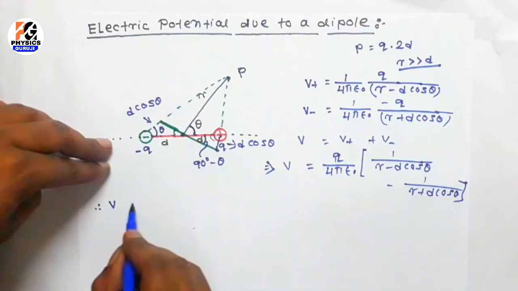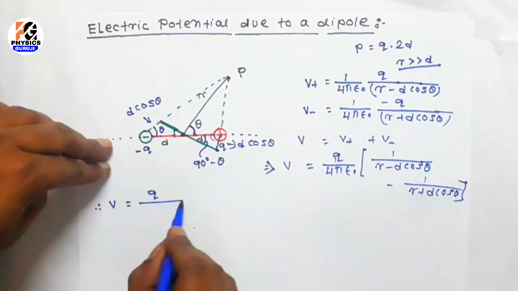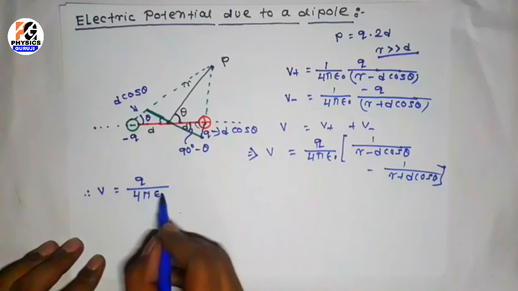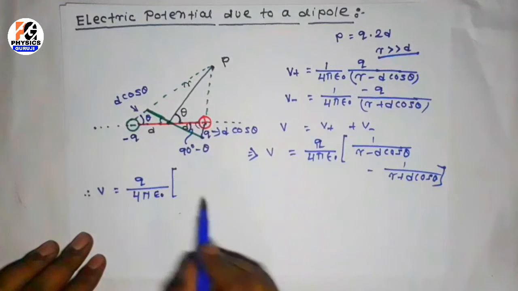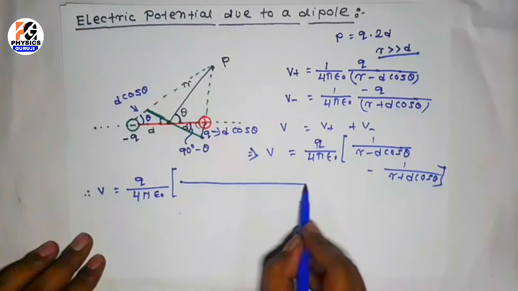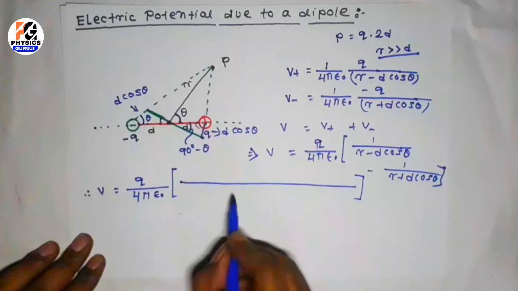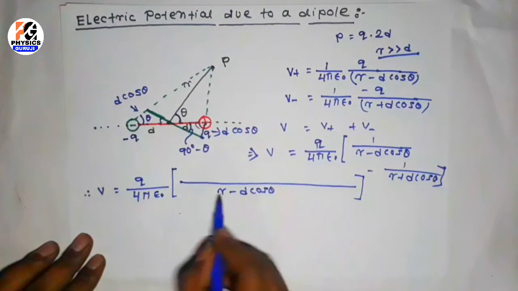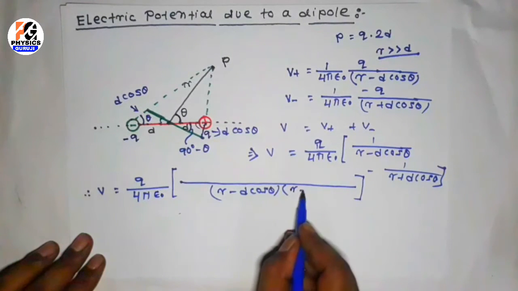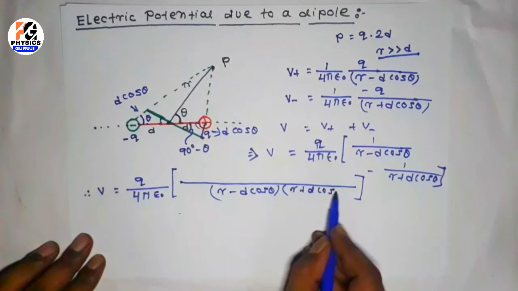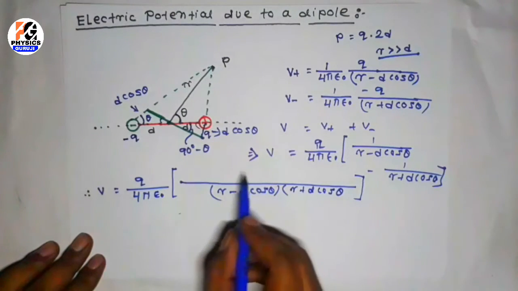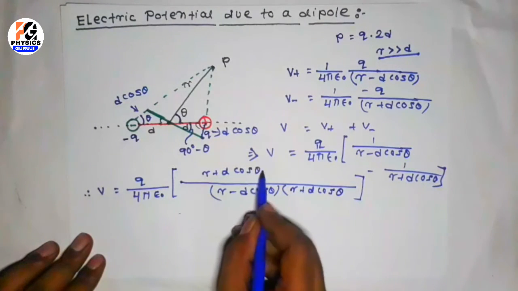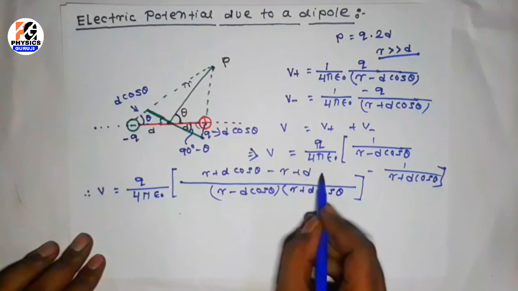Therefore V is equal to q by 4 pi epsilon 0 into, taking the LCM of the lower part, r minus d cos theta into r plus d cos theta, and the numerator becomes r plus d cos theta minus r minus d cos theta.